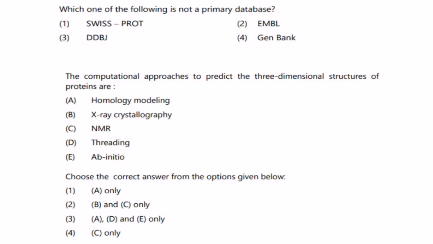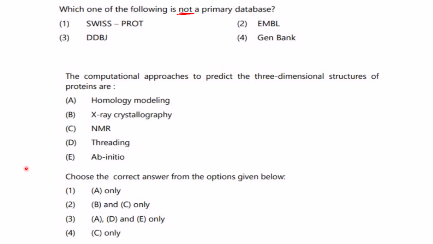Then next one, which one of the following is not a primary database? Now what are these primary and secondary databases when you are learning bioinformatics? So a primary database is just the raw data, whatever you get after conducting an experiment in the laboratory.